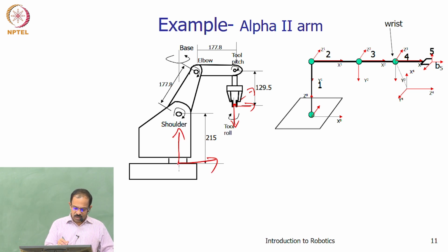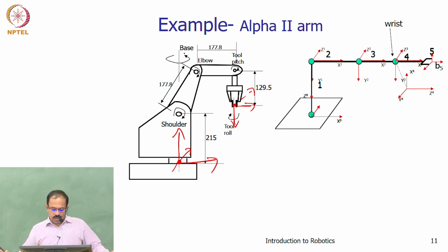These are the 2 coordinate frames that will be assigned. We want to find out the relation between this coordinate frame and this coordinate frame as a function of all these joint parameters. We have different joint and link parameters, multiple parameters, and we need to represent the relationship between these 2 coordinate frames as a function of all these parameters.